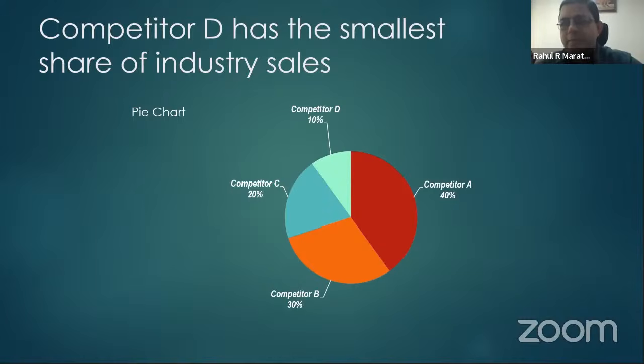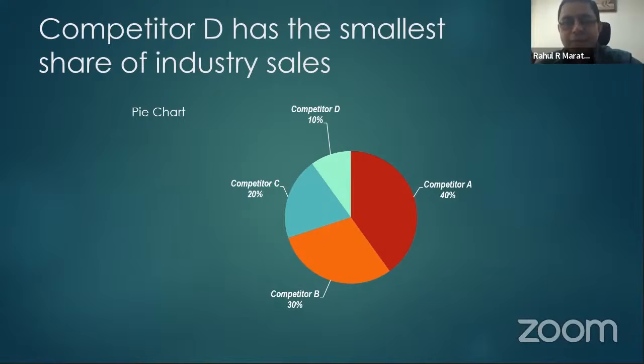So the message is that this guy is the smallest guy. No problem. But if you want to come back and say that if you combine D and C, they have the same market share as B, this will fail miserably.